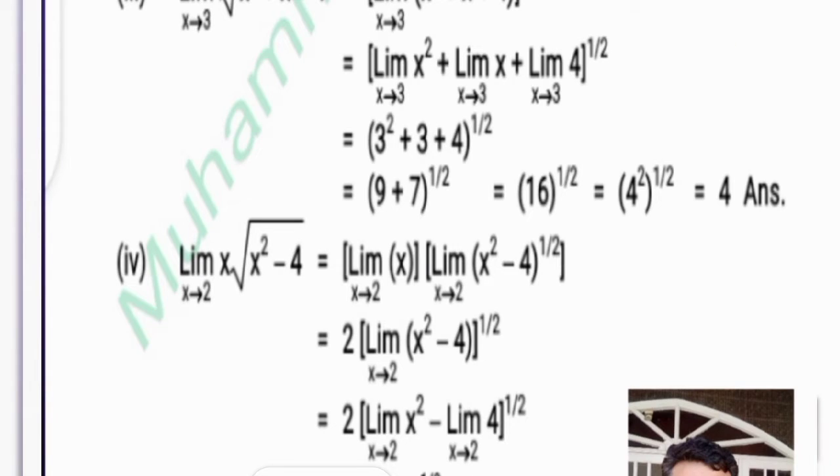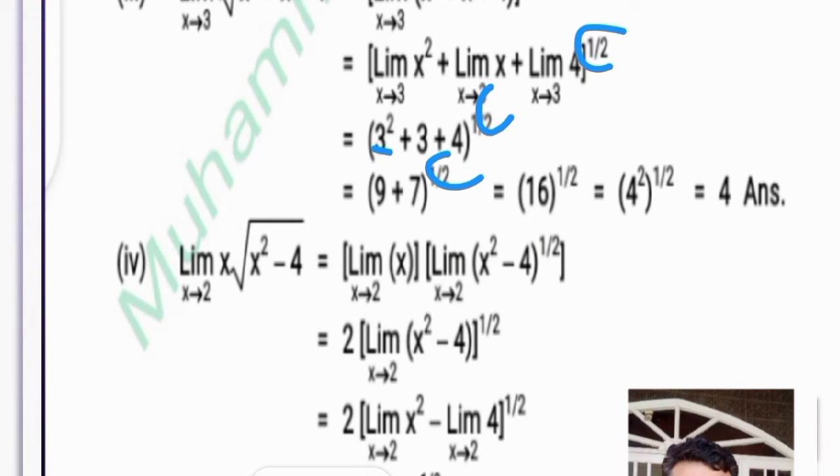Limit means value of x, as the value of x is 3, so we'll put x is equal to 3 here. As there is x square, so we'll write 3 square, and as there is x and value of x is 3, so we'll write 3 here. As there is no x, so we cannot put the value of x, and 4 will be written same, and power 1 by 2 will be written same.